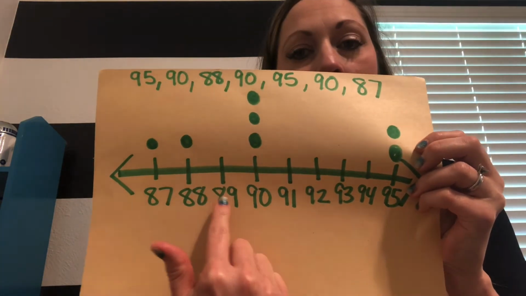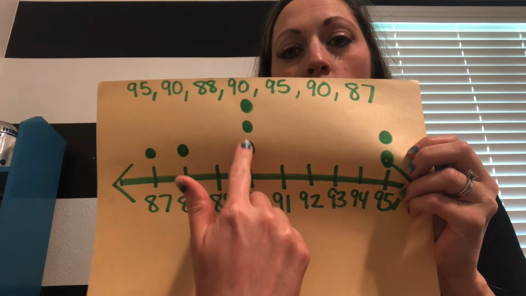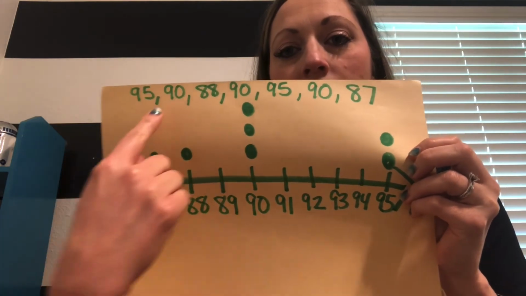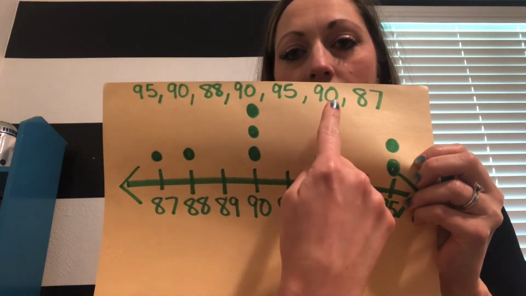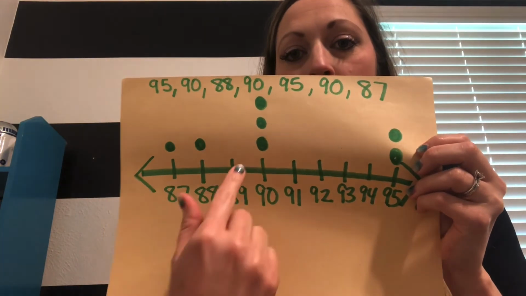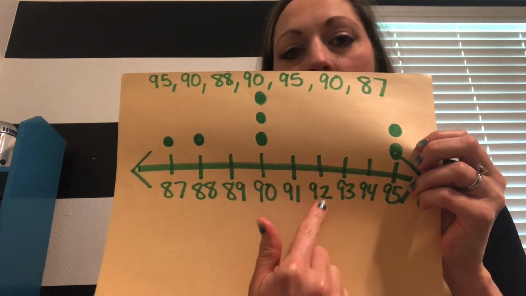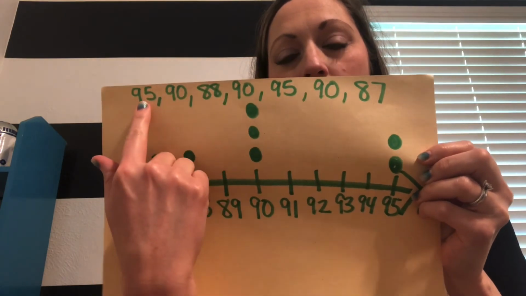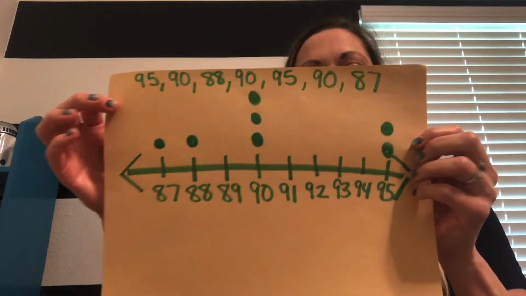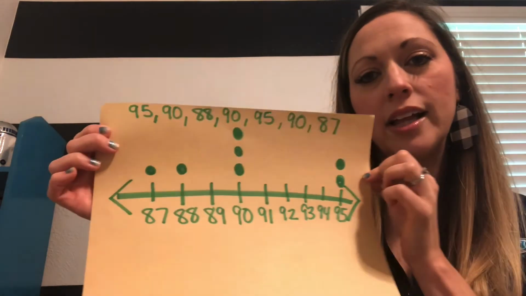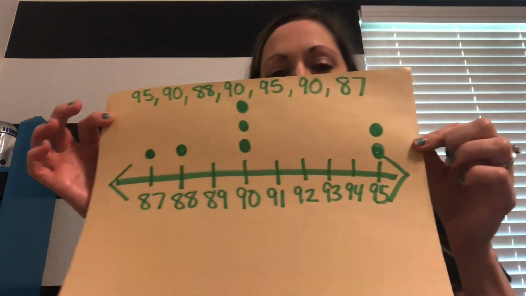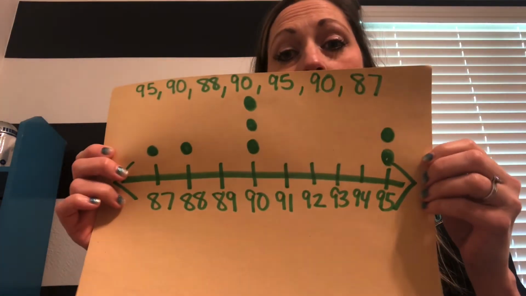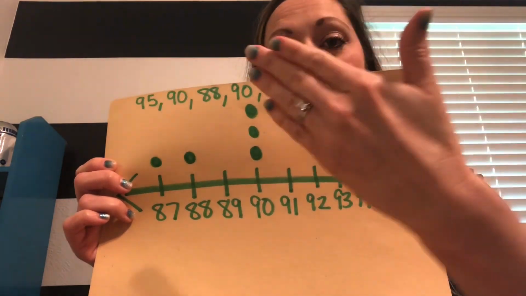No 89s, but then 90, I have 1, 2, 3 90s because he scored a 90 on his test 3 times. No 91s, 92s, 93s, and 94s, and then I have 2 95s because 2 were listed in my set of data. So really quickly, I can see that the score that he made on his test that occurred the most would be a 90.